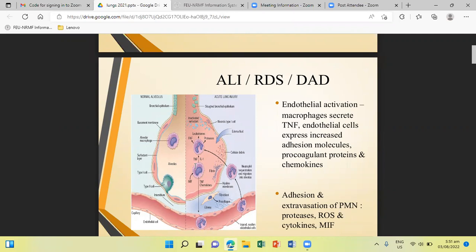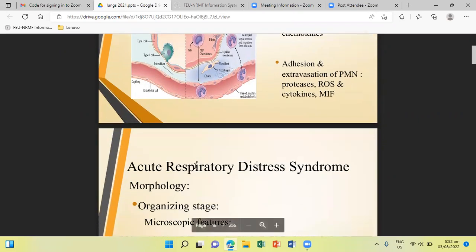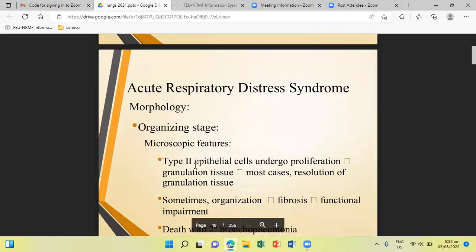Alternatively, circulating inflammatory mediators may activate the pulmonary endothelium and recruit other inflammatory cells to the site. The result then is recruitment and adhesion of leukocytes, causing more endothelial injury and local thrombosis. This cycle of inflammation and endothelial damage continues, and eventually you end up with ARDS.